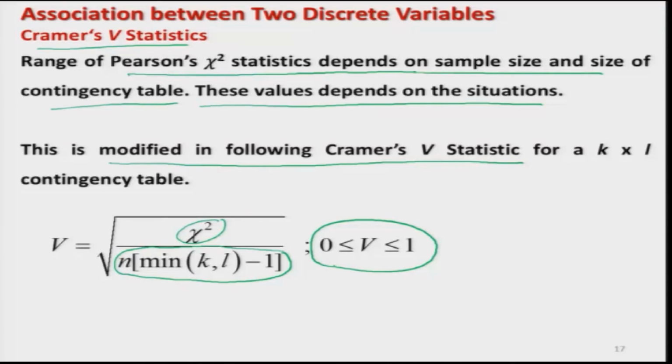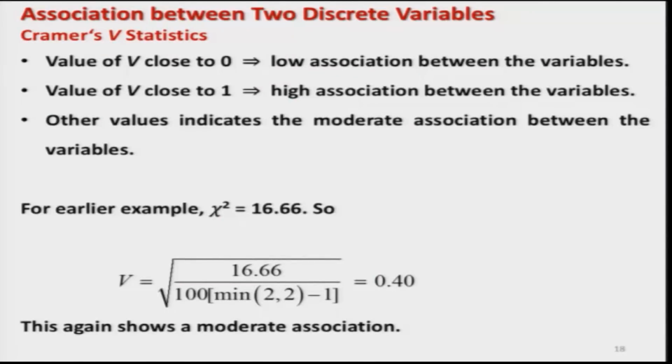So, now making inference about the degree of association became simpler. For example, we can conclude that if the value of V is close to 0, that would simply indicate low association between the variables, and if the value of V is close to 1, then this will indicate high association between the variables.